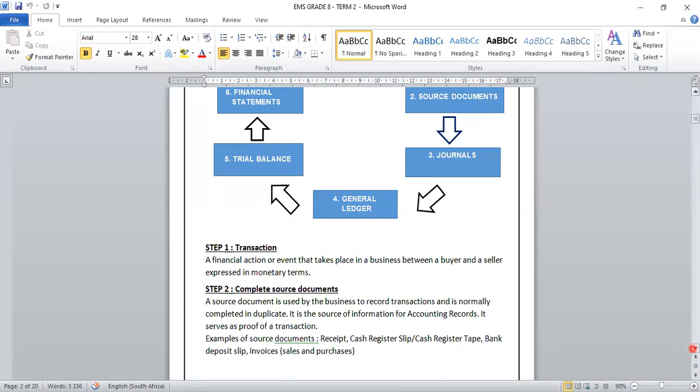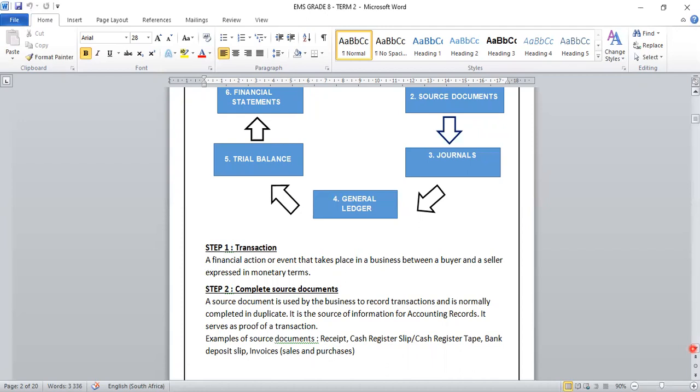There are many different transactions that happen in a business daily. For example, a business receives money, a business pays out money, and a business deposits money. So all these transactions have to be recorded in the books of the business.